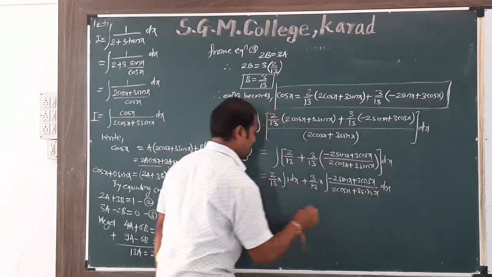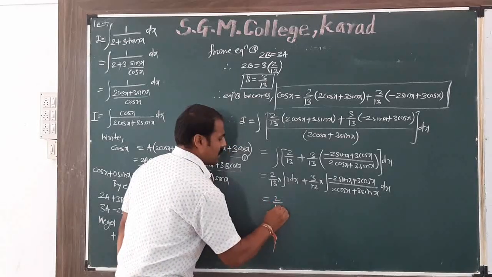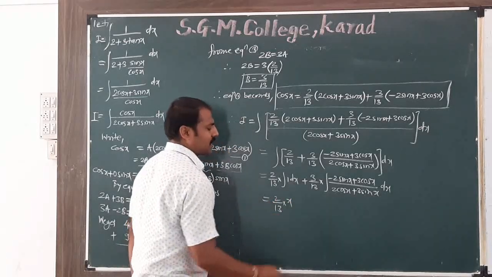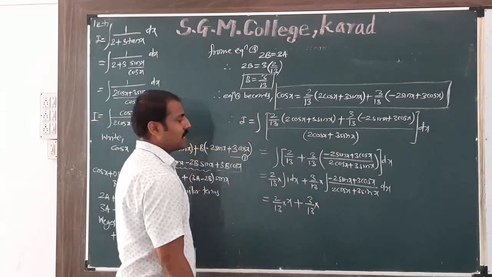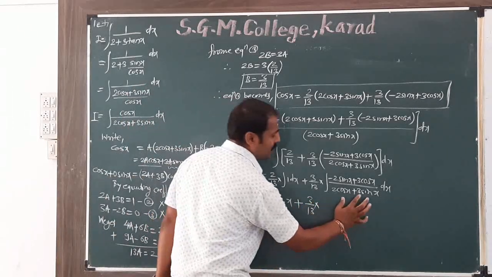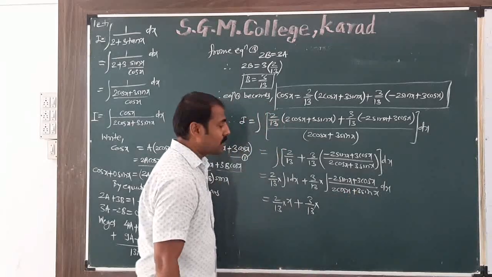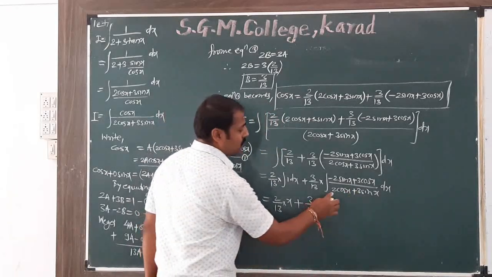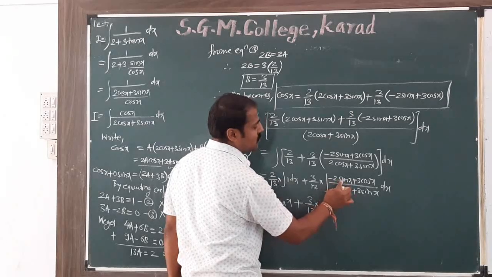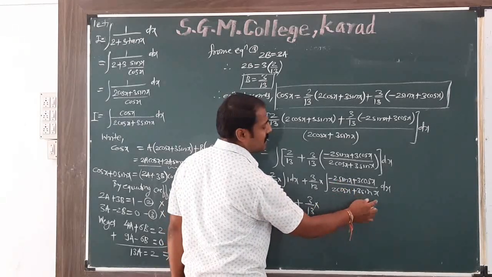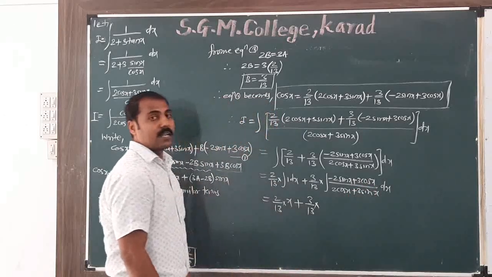The integration of 1 is x, so 2 divided by 13 into x plus 3 divided by 13 into, tell me, the derivative of the denominator. The derivative of 2 cos x is 2 with constant as it is, the derivative of cos x is minus sin x, so minus 2 sin x, plus 3 constant as it is, the derivative of sin x is cos x.